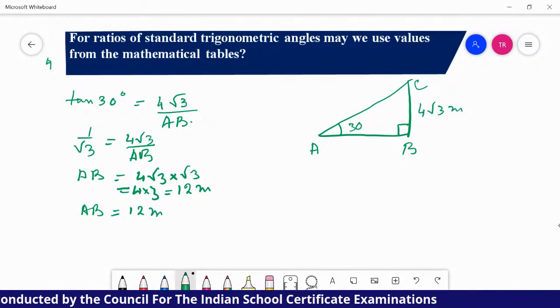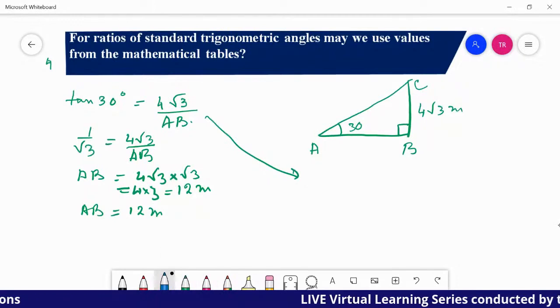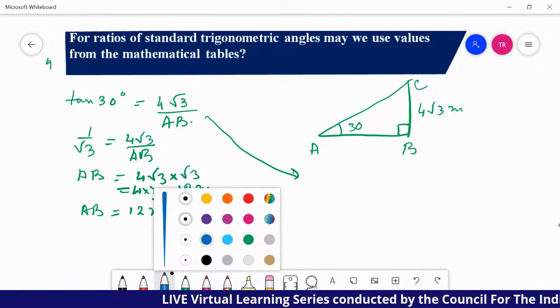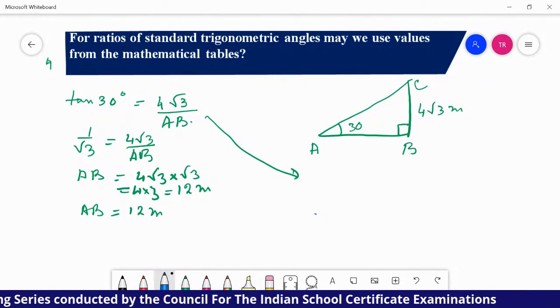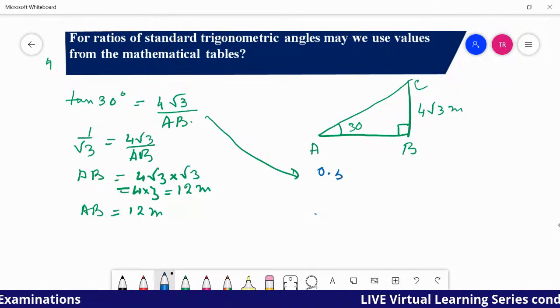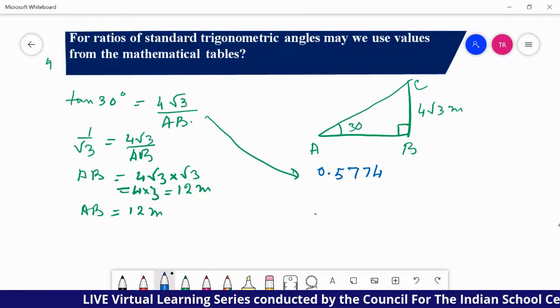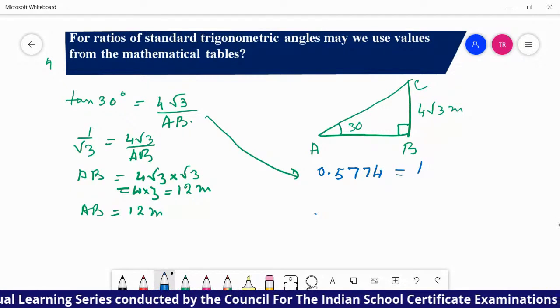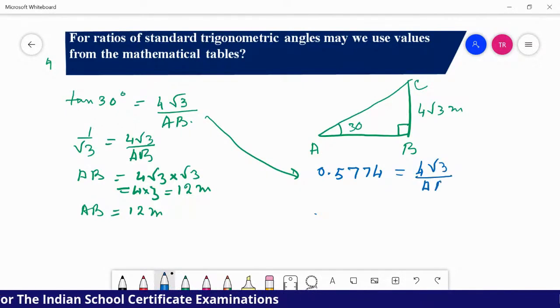Now your question is, what if I use trigonometric tables? So again from this ratio, I'm coming to this ratio. Let me look at the table. Looking at the table, I get tan 30 is 0.5774. This is from the tables. This is equal to 4 root 3, perpendicular upon base AB.